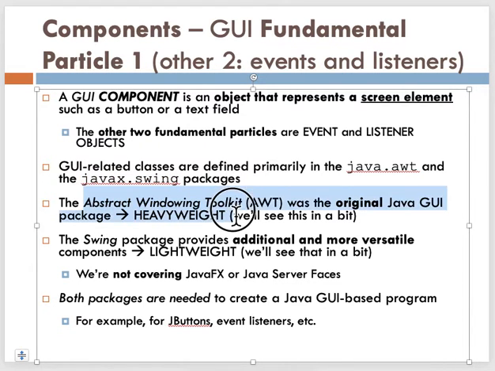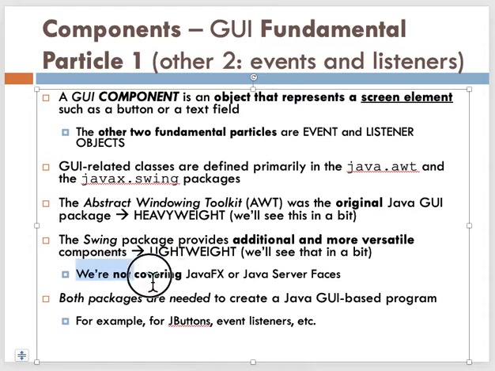Originally, the AWT was the only way to do any of this graphical stuff. So this was the original Java GUI package, and this was a heavyweight package, as we'll see in a bit. The Swing package was added later on to be a little more versatile and flexible, and the components in it are called lightweight components, as we'll see in a bit.